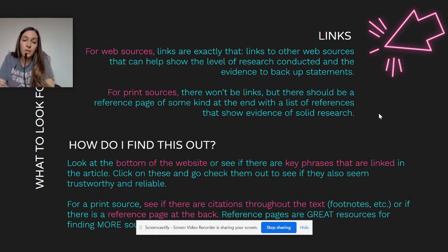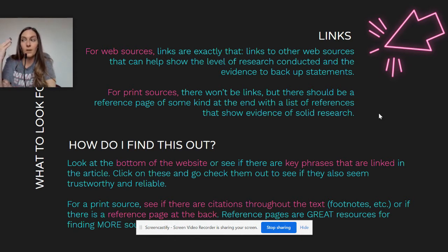For a print source, if it's really well done, there should be citations either throughout the text with footnotes, or you'll see a reference page at the back, and maybe both. And references are really great resources for finding more sources. So if you find a book, for instance, on Alice Walker, and it's a really great resource with all sorts of information about her, if you flip to the back, you'll see a references page, and there are multiple pages of sources there.